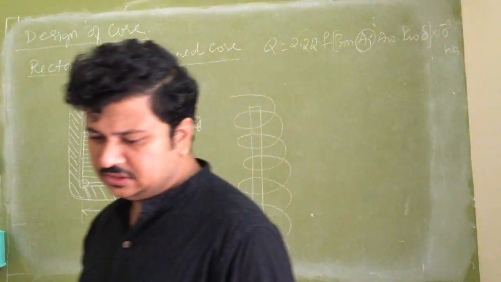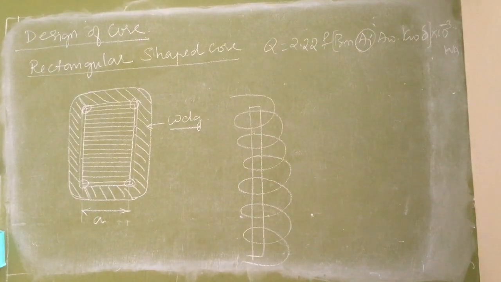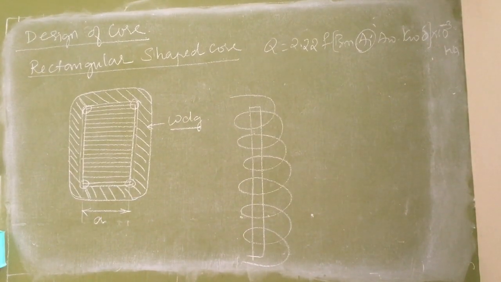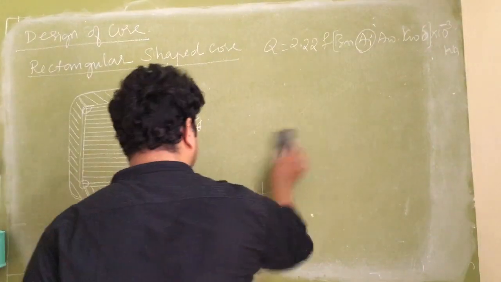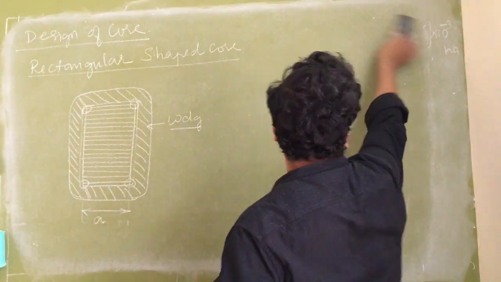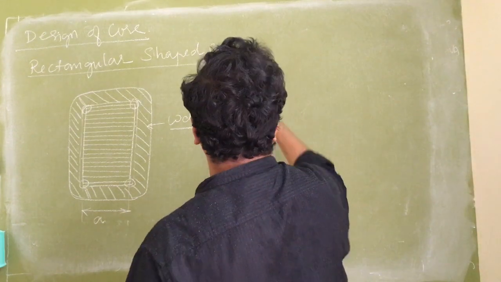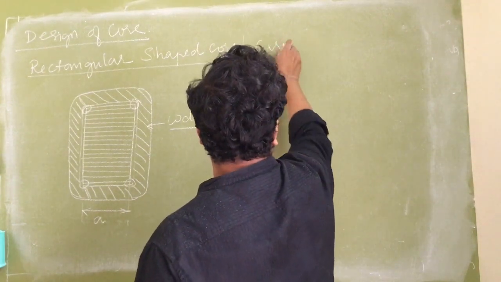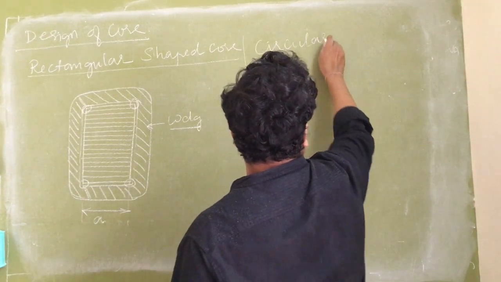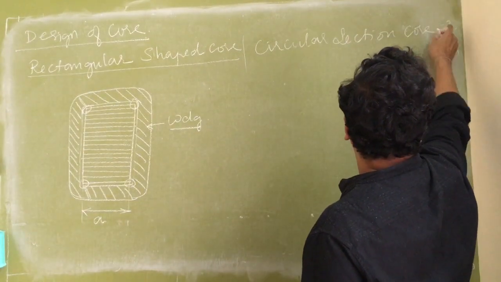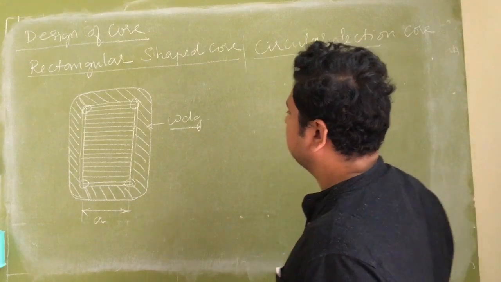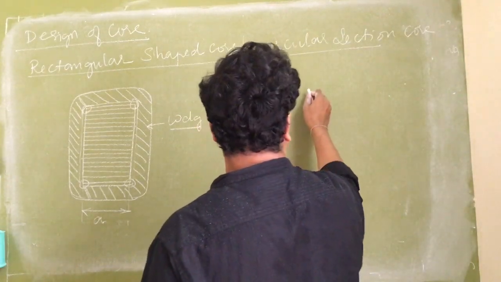The second is circular section. I told circular section is ideally expected.